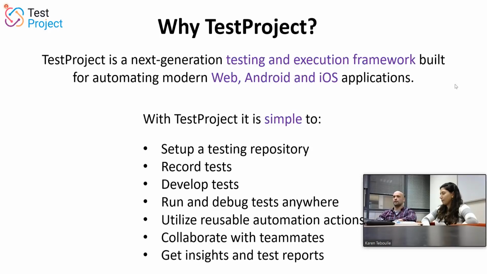TestProject makes it simple to use open source frameworks like Selenium and Appium, which are industry standard today, and it helps you integrate them into your organization. So let's make a quick review of what TestProject makes simple to do.